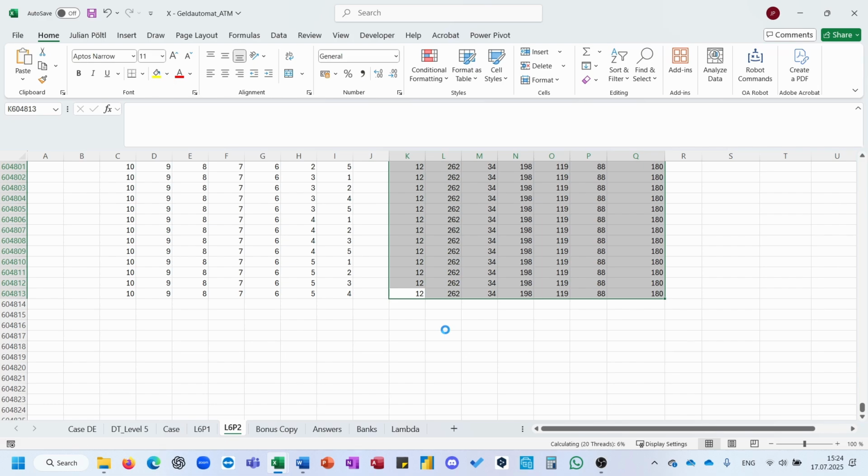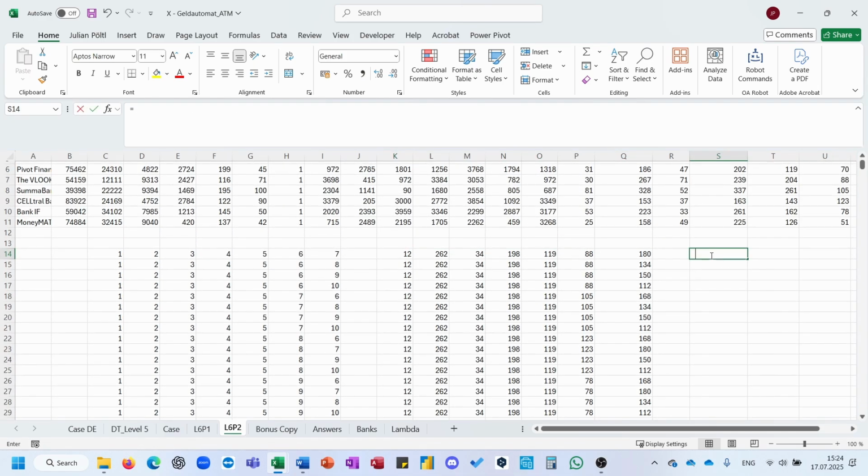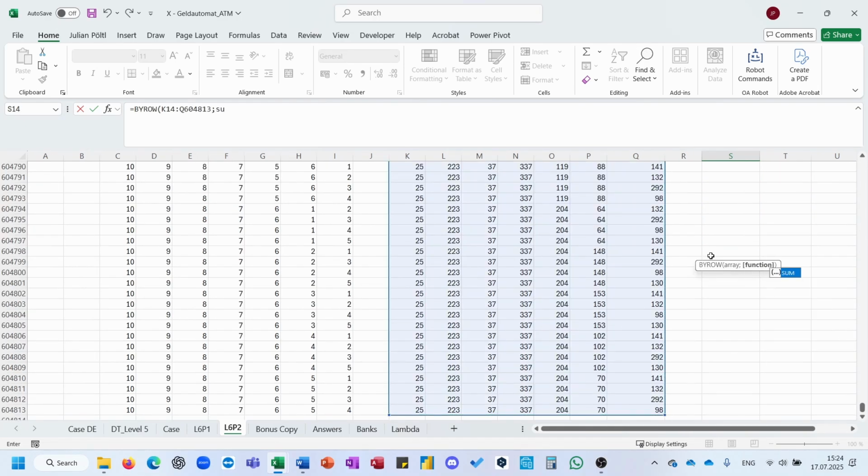Here we go. No, we're not going there, still calculating. And since I do not want to crash Excel like I did multiple times before, I will wait. Okay, here we go. By row sum.